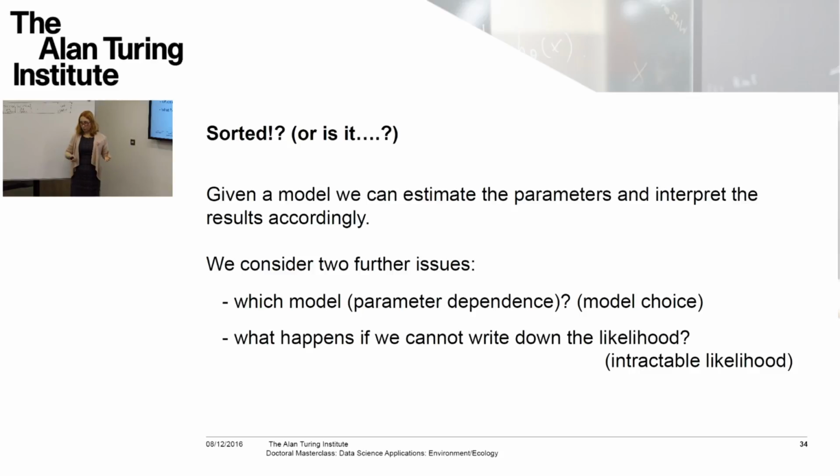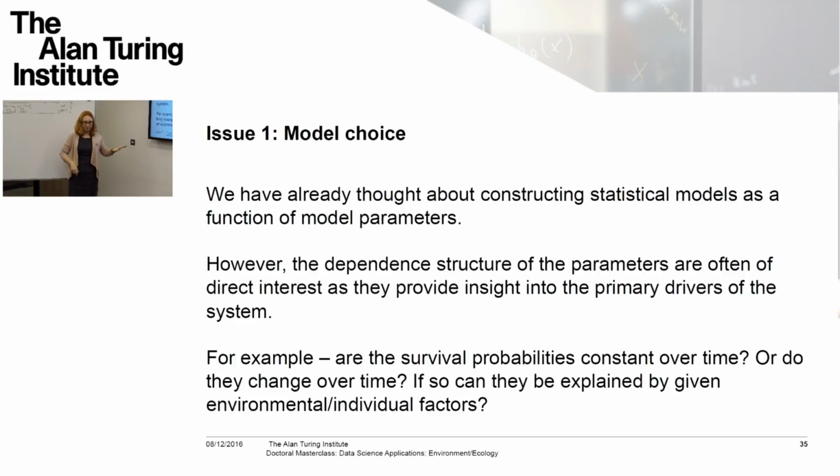And so on. What dependence do we have on the model parameters? What error structures do we have? So that's one issue. And the second issue is what happens if we can't write down the likelihood? I've sort of implied that you could always write this down, but you can't. So, very briefly, let's address both of those issues and things we might want to think about.